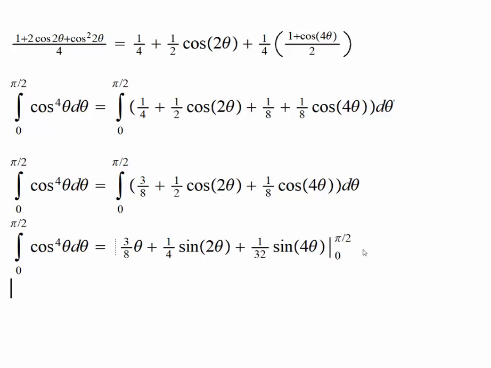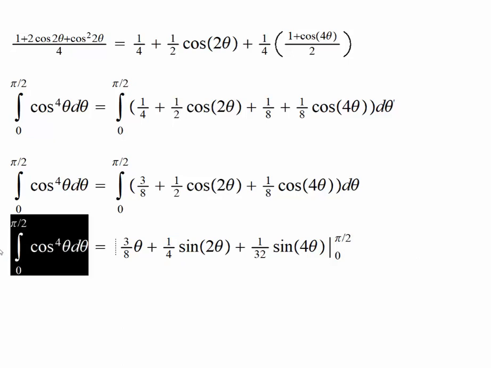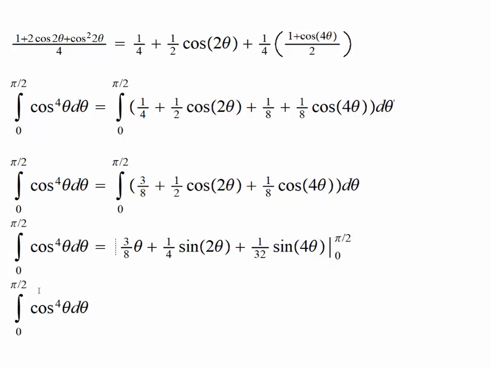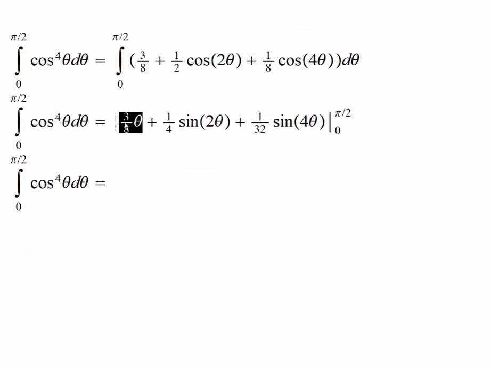So these values will produce 0. Okay. So what we have is that this would simply become 3 over 8, right, times pi over 2. All right. Okay, pi over 2 or 3 pi over 16.